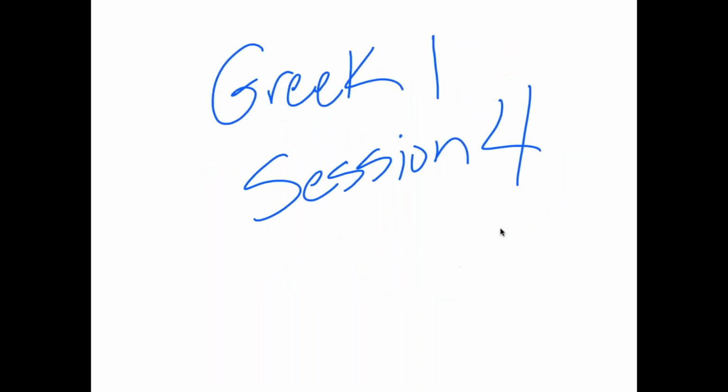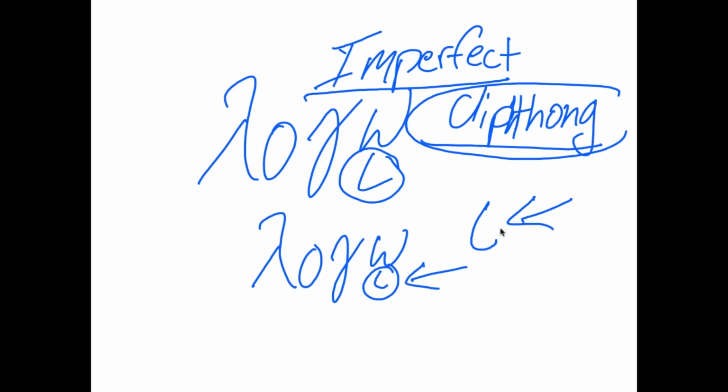So we have learned all the letters. We haven't learned quite all of the sounds yet. So I just showed this word. Does anyone know what a diphthong is?